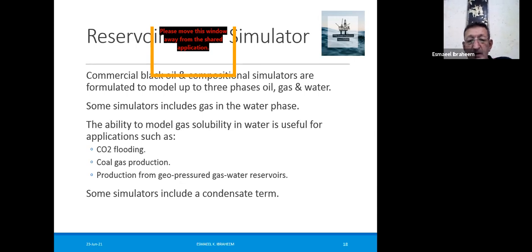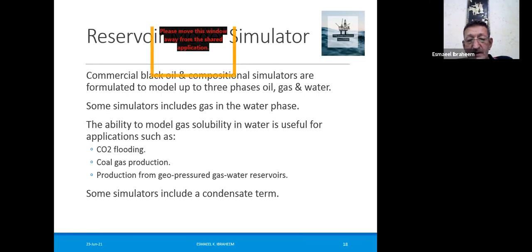The ability to model gas solubility in water is useful for applications such as CO2 flooding, coal gas production, and production from geopressured gas water reservoirs. Usually, in the geopressured reservoirs, we have gas dissolved in the water.